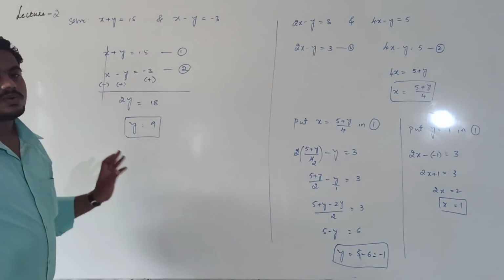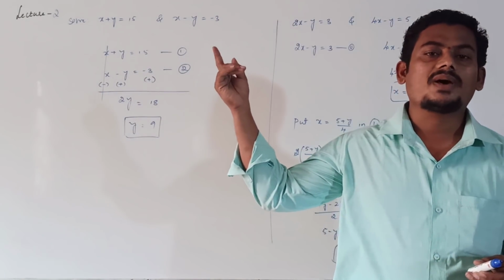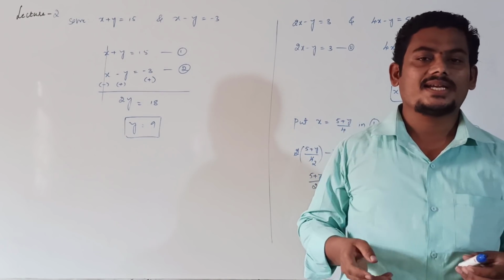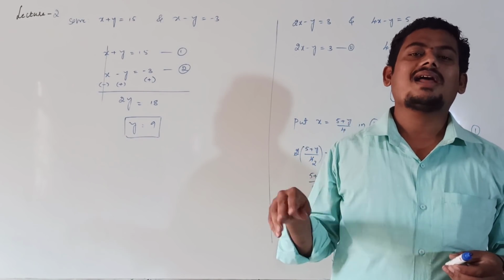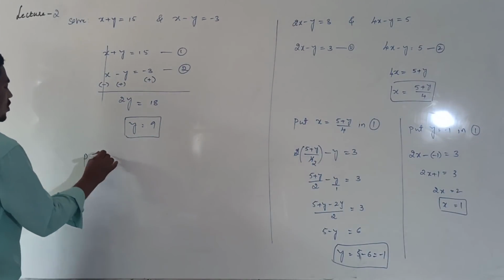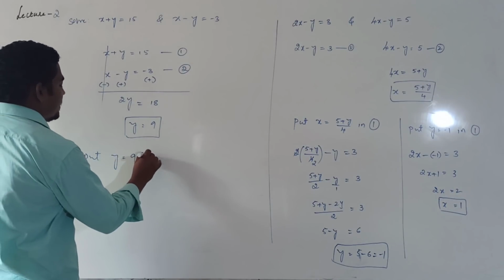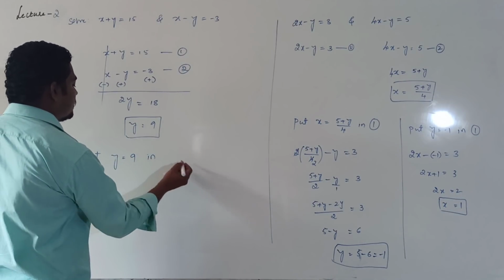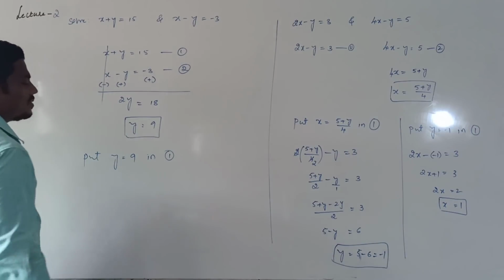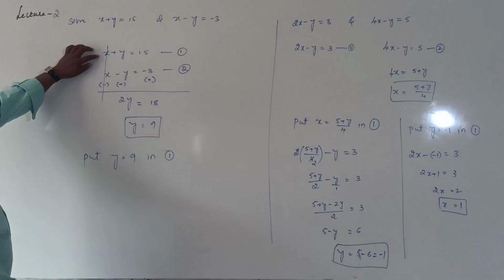In this case also, after getting any one of the variables, put it in equation number 1, then you get the corresponding x value or y value. Put y equal to 9 in equation number 1.